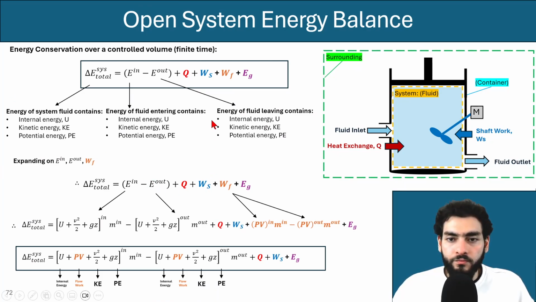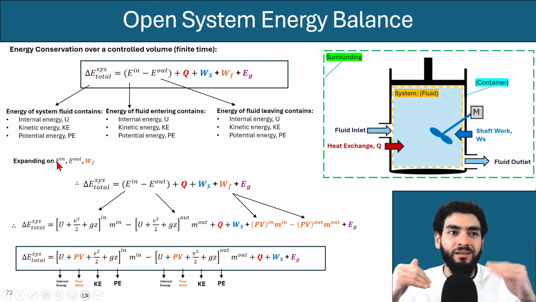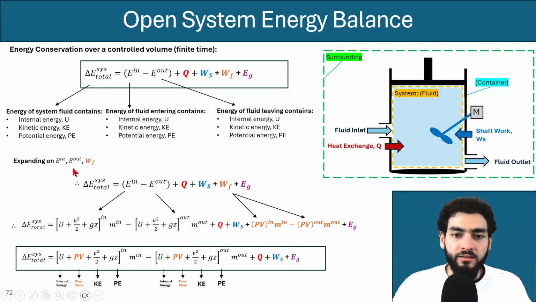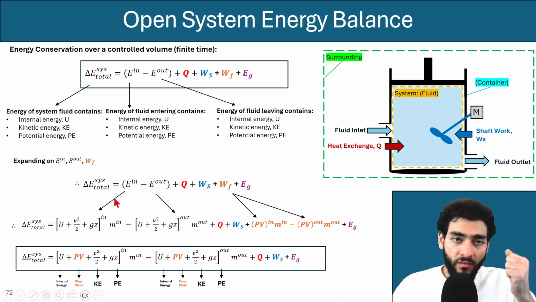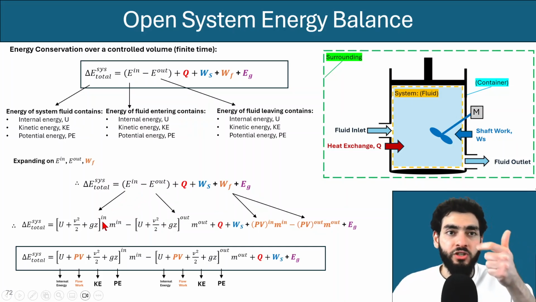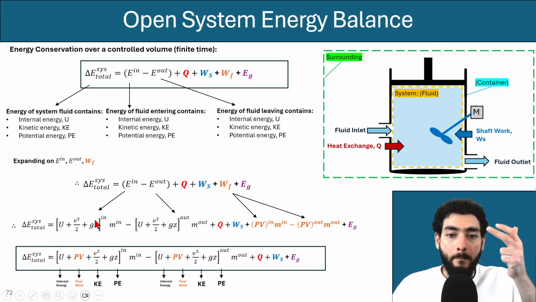Okay, so let's now do some simplifications because it's important for you to understand the energy balance. So let's expand on the energy coming in and the energy leaving and flow work. As we said, the energy coming in and the energy leaving can be expressed as the internal energy plus the kinetic energy plus the potential energy.